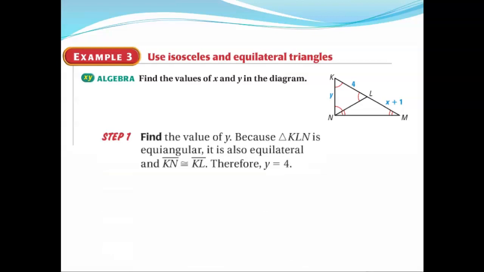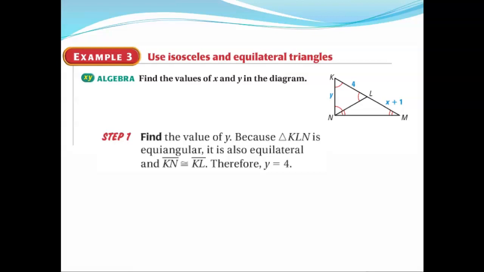Now to find x. Well, if we know that all those sides are equal in that first triangle that we just worked with, that must mean that LN must also equal 4. Now that you know LN is equal to 4, you can also apply the fact that we have an isosceles triangle, which means that those two sides, LM and LN, must be congruent to each other.